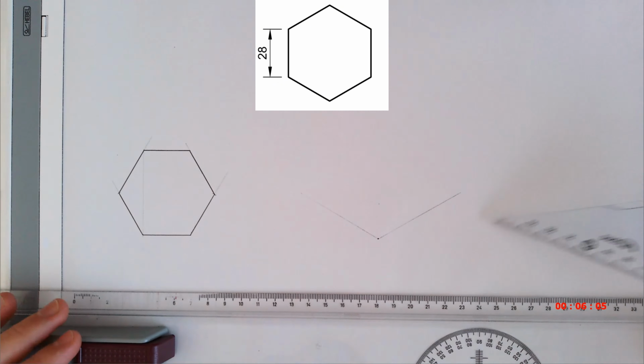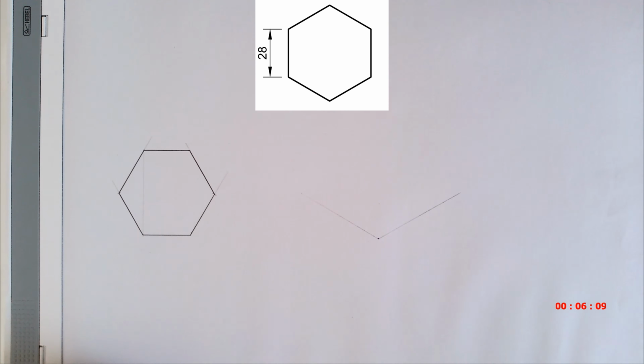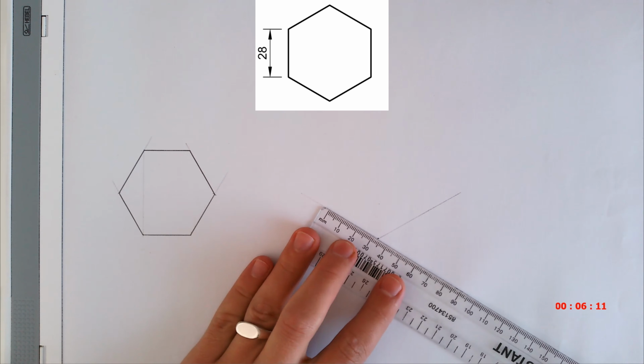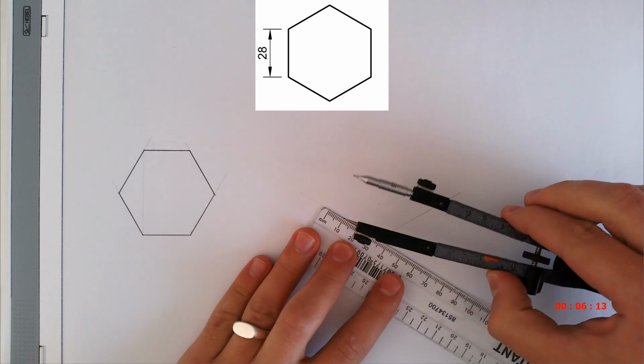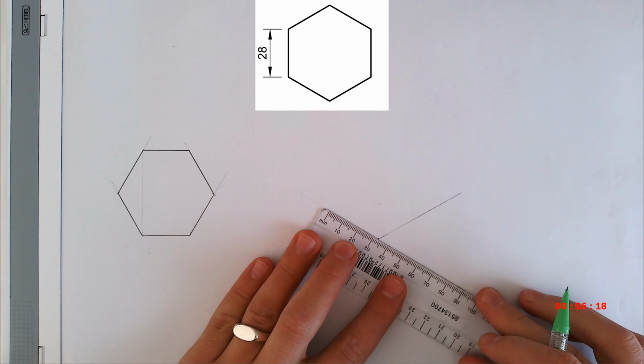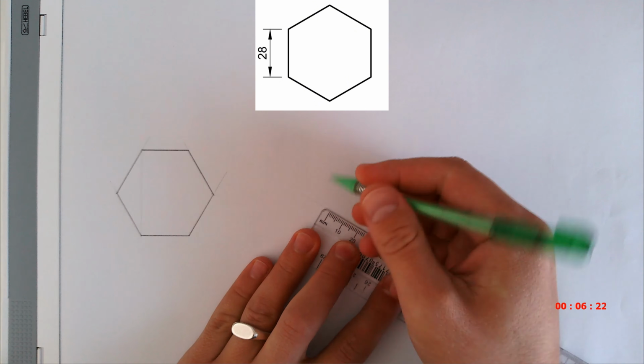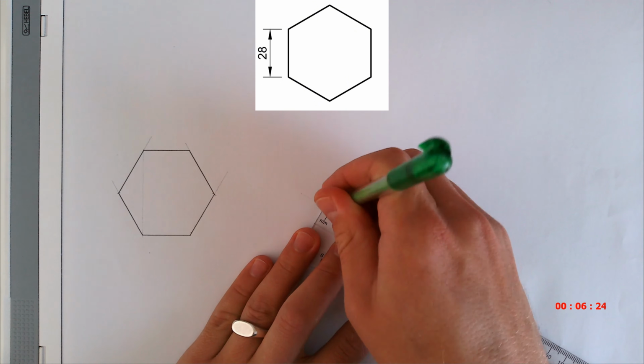Knowing that the base, or all the sides, are 28, we can then measure with our ruler, or you can use your compass at 28. But let's do the ruler for this example. So 28, I make a mark.